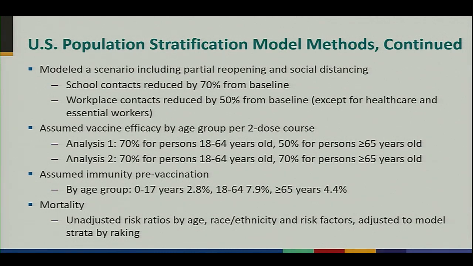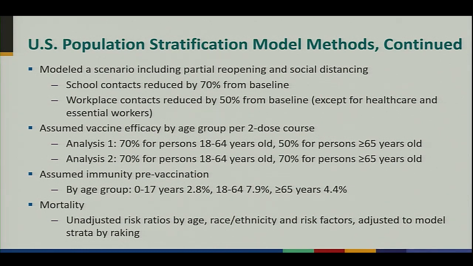We modeled a scenario that included a partial reopening and social distancing measures. This included school contacts being reduced by 70% from baseline and workplace contacts being reduced by 50% from baseline for all individuals except healthcare workers and essential workers.